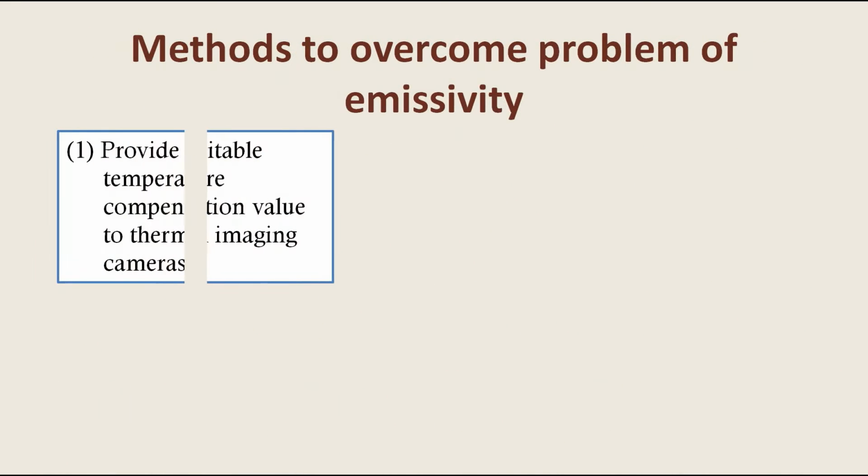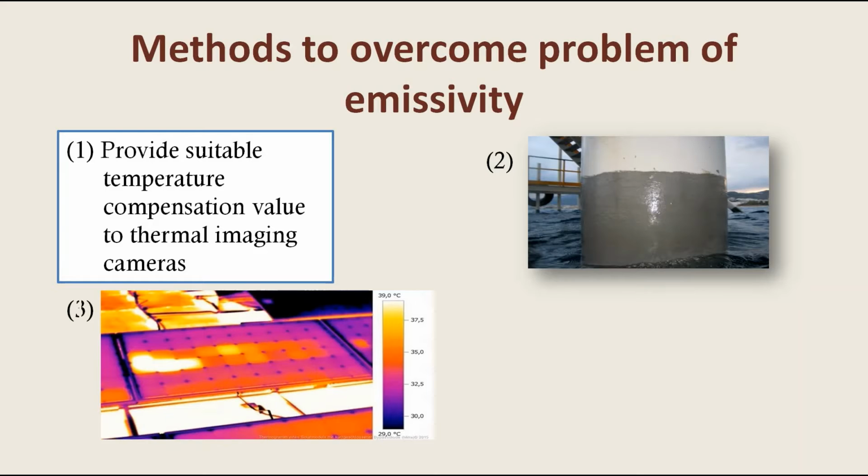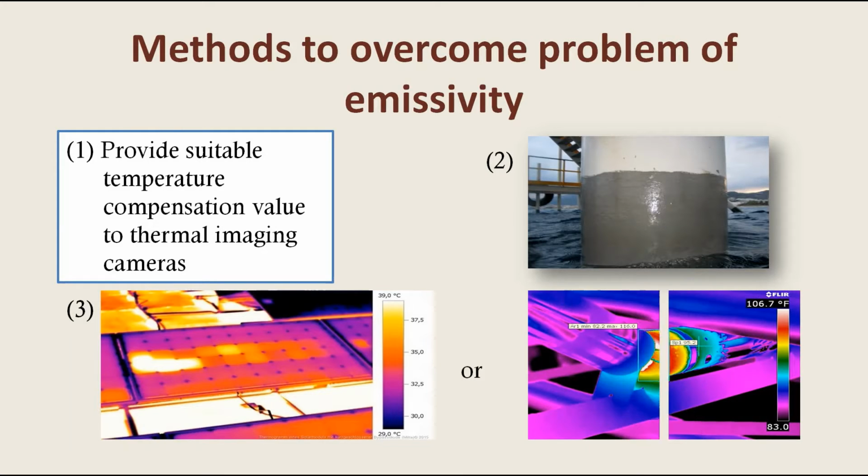For proper analysis of thermal profile, it is required to overcome the problem of emissivity, so any one of the following methods can be adopted. The first one says, provide a suitable numerical value for temperature compensation to the thermal imaging camera, which depends on the study of emissivity of the object under consideration.